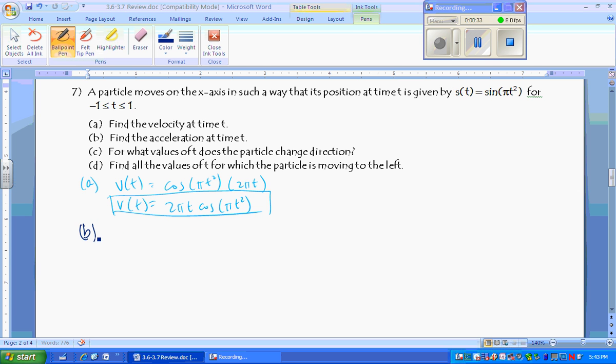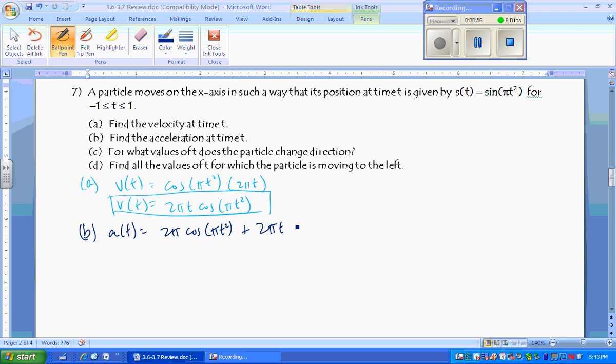For part B, finding the acceleration, we're just taking the derivative of that. So now we have to actually use the product rule because we have 2 pi t, we have the variable t in there. So derivative of that is 2 pi times cosine of pi t squared plus 2 pi t times the derivative of cosine of pi t squared.